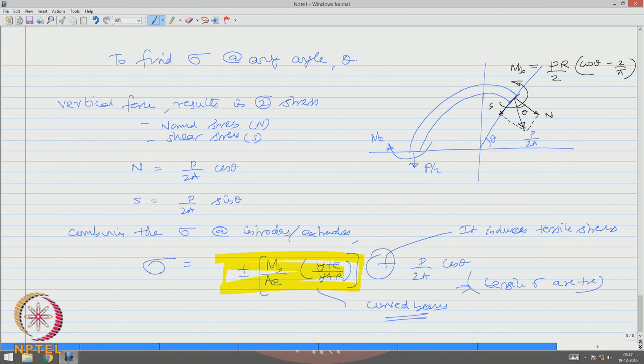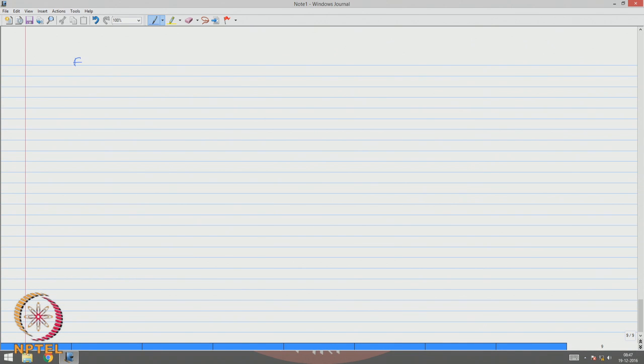So, we will do a numerical to understand how this can be applied directly for a given problem. Let us say we will have a numerical example. Find the stresses induced in a circular ring for the data given below.